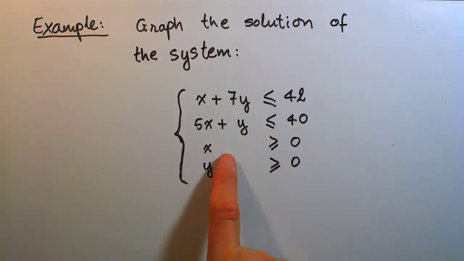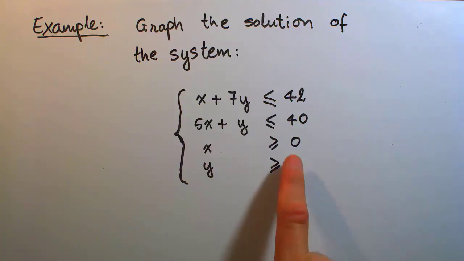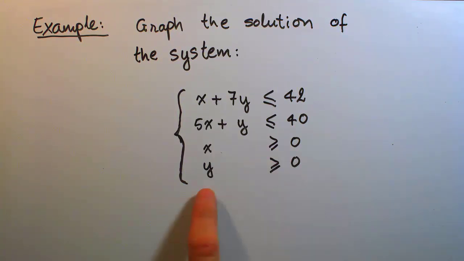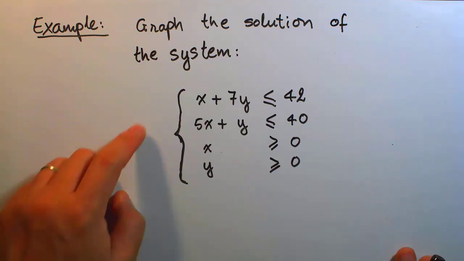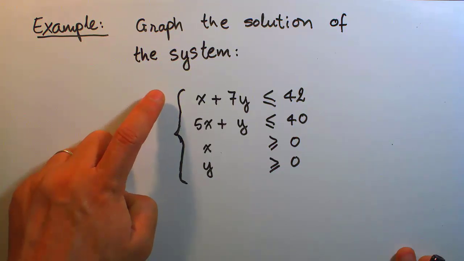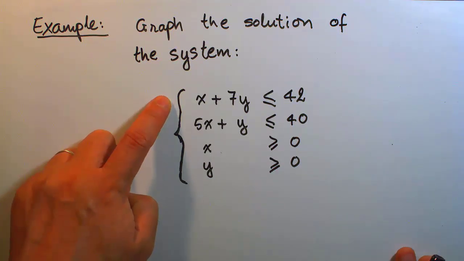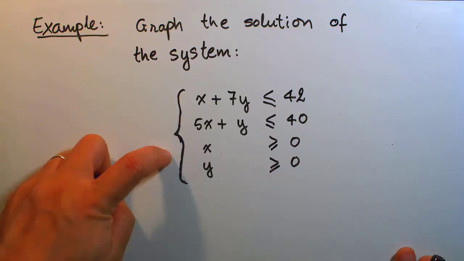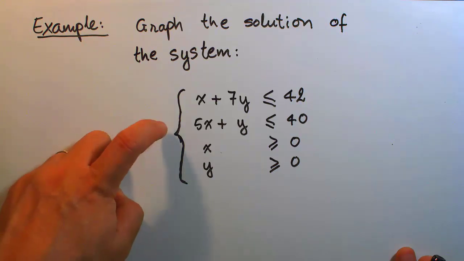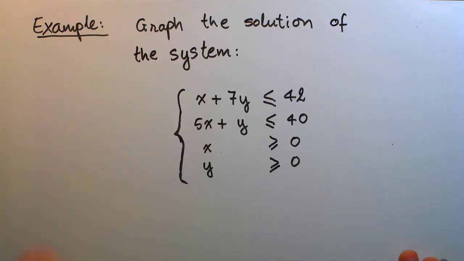And we have a third inequality, x is greater than or equal to 0, and y is greater than or equal to 0. And as I said earlier, anyone viewing this video must know how to graph the solution to any of these single linear inequalities with two variables.